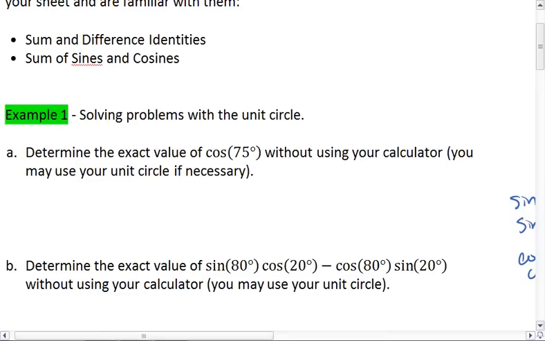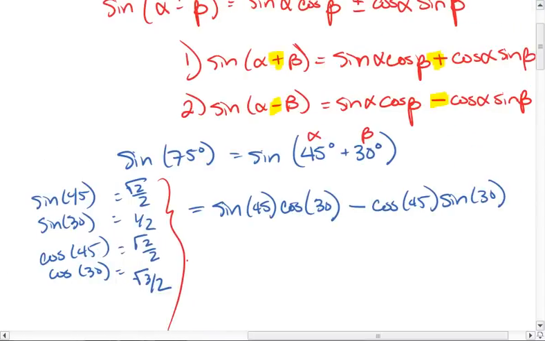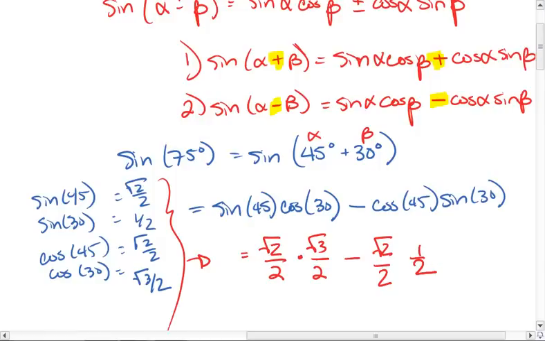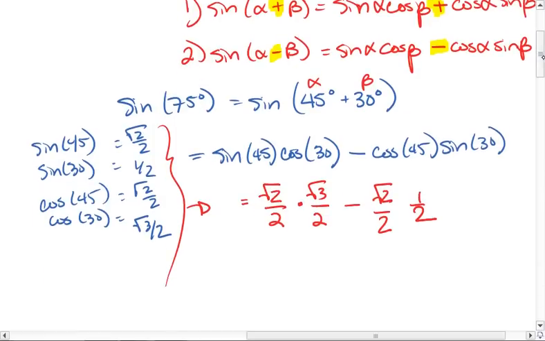Plugging these numbers in, I get sine of 45, rad 2 over 2, times cosine of 30, which is rad 3 over 2, minus cosine of 45, which is going to be rad 2 over 2, times sine 30, which is 1/2. What this boils down to is rad 6 over 4 minus rad 2 over 4.